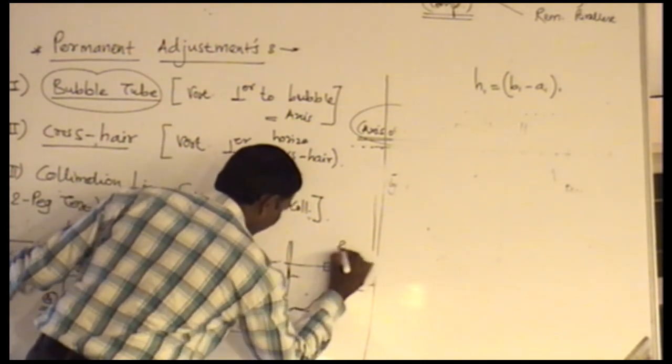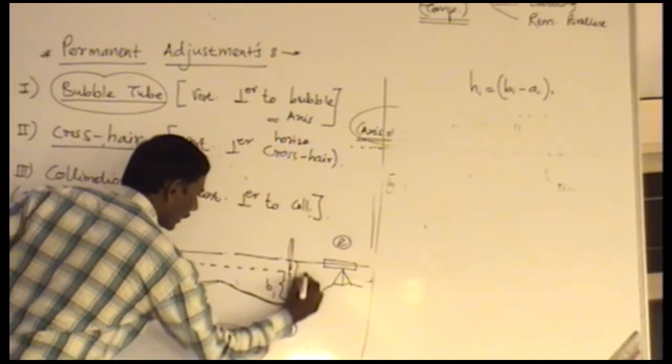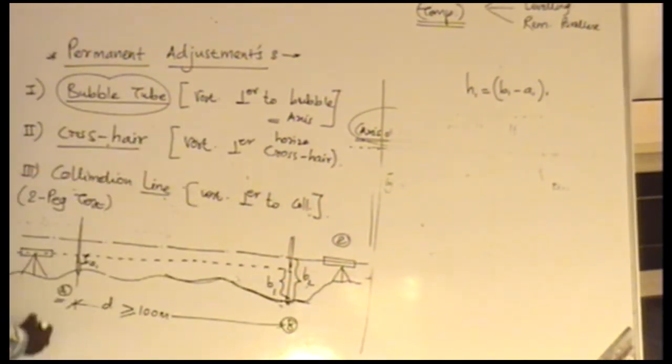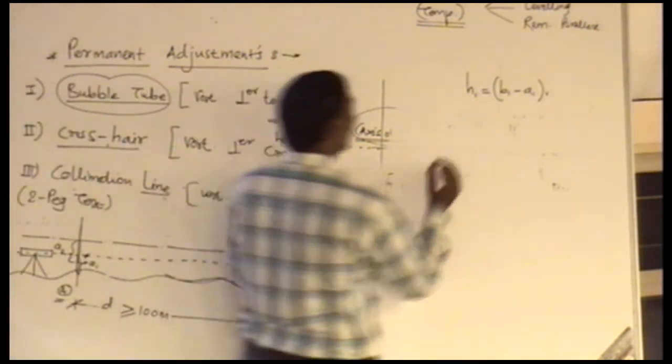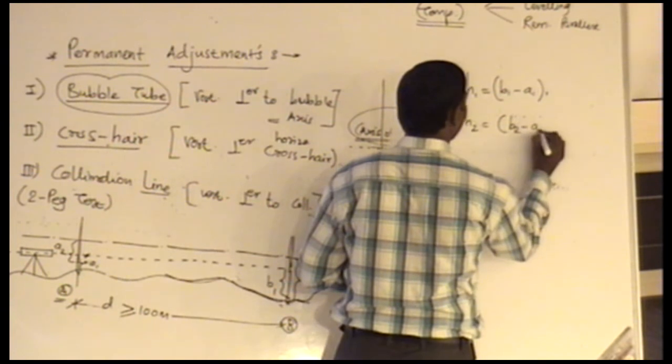Now from this second position of the instrument, whatever reading I have taken at B, let us say this is B2 reading. Whatever reading I have taken on A staff, let us say it is A2 reading, because these are A2 and B2 readings taken on A and B from the second setup. And if I find the difference between them, that should come out to be B2 minus A2.